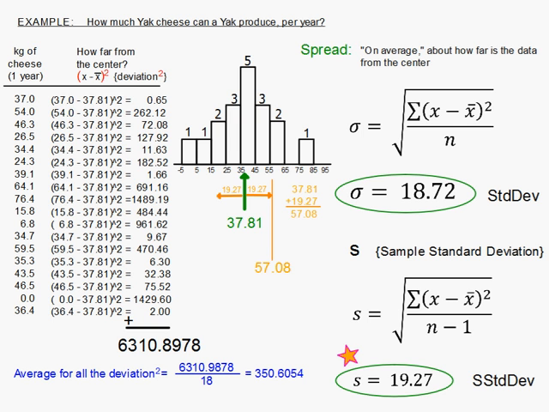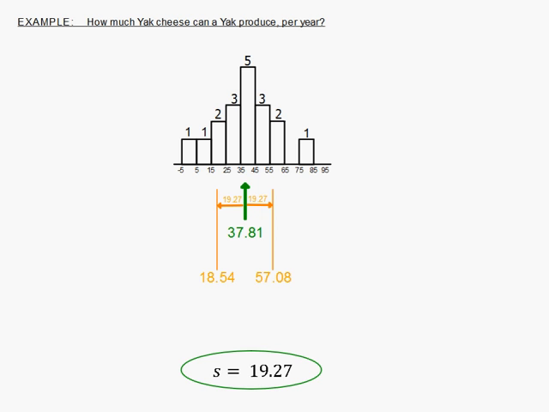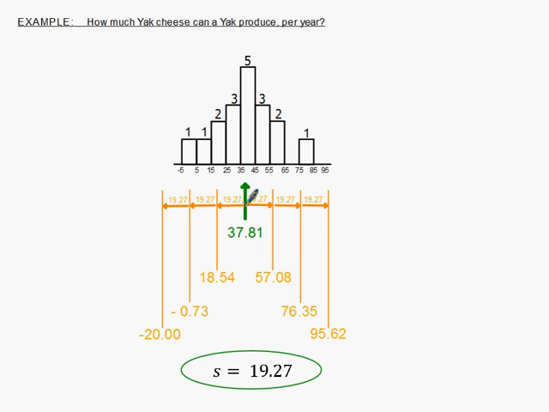If we go 19.27 below, we get to this point. We can continue, and we need a lot more space. We could keep going, not just one sample standard deviation, but 2 and 3, and we can get all these boundaries for different distances from the center.